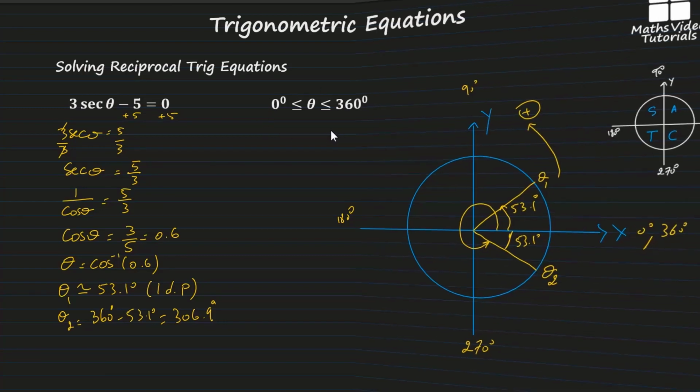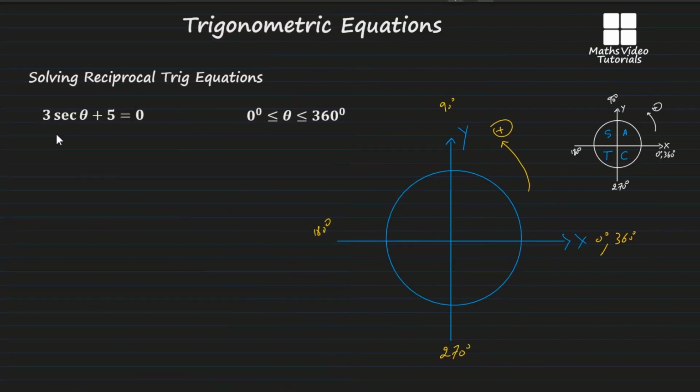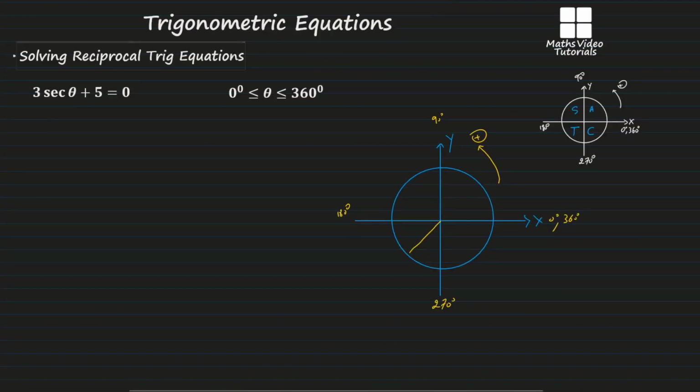Let's do another example. In our second example, we are keeping the same equation, but changing the minus 5 to plus 5. We make sec theta the subject, and that will give us sec theta equals minus 5 over 3, because you subtract the 5, and then you divide by 3.